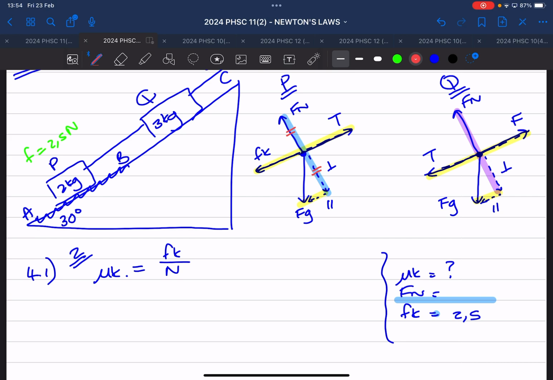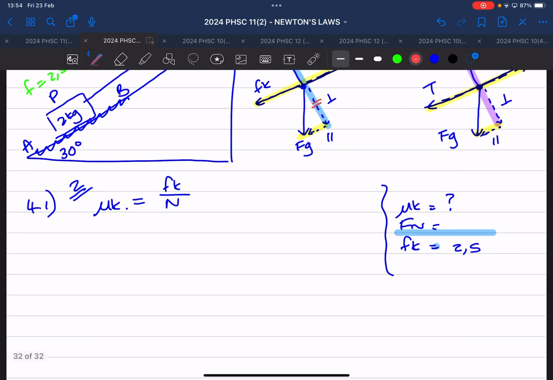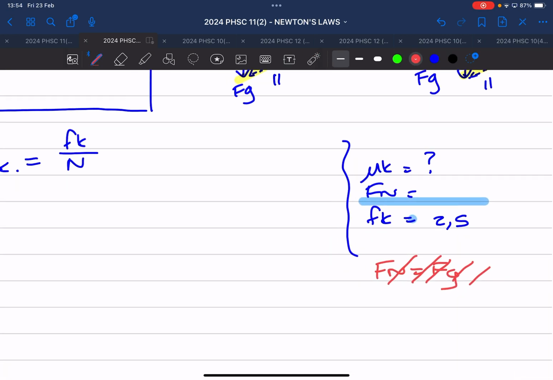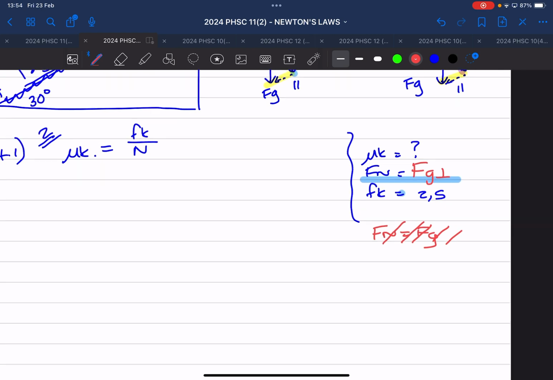Are you with me? So you can't say Fn is equal to Fg. If you say that, you are wrong. It depends on the situation. In this situation, there's only two blue forces and the object is not moving up or down. So Fn is equal to Fg perpendicular. How do we calculate Fg perpendicular again?